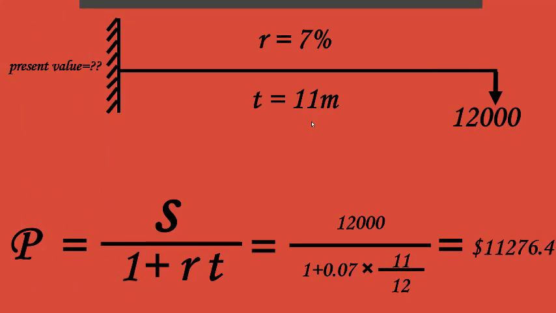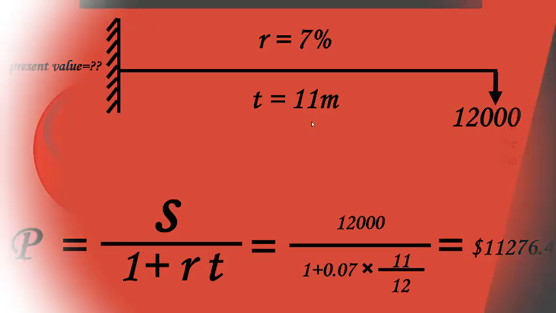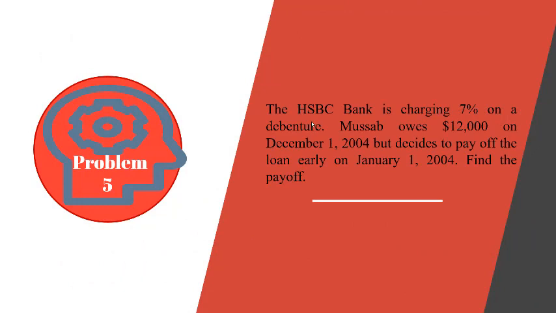From the timeline, we have $12,000 after 11 months. Note that we get the time by subtracting January 1, 2004 from December 1, 2004.